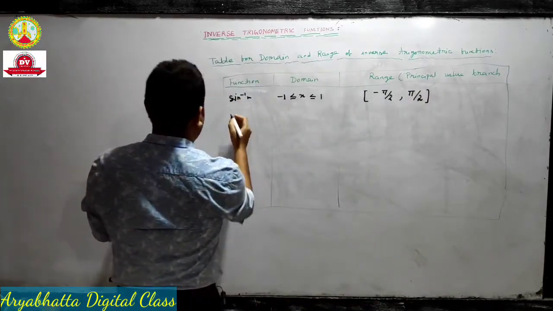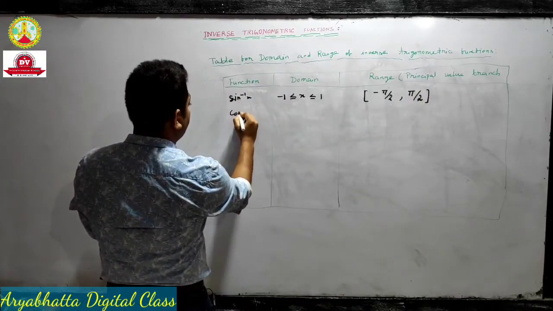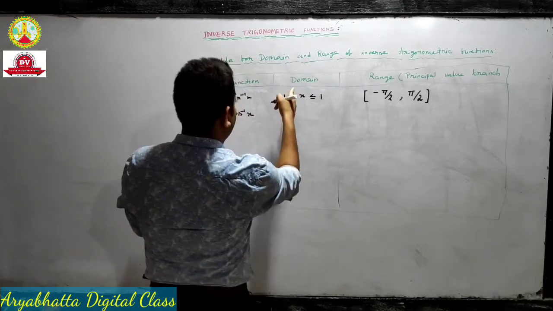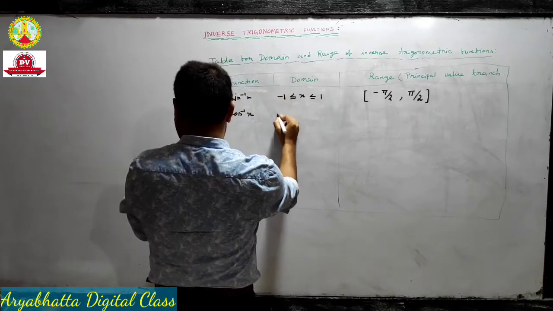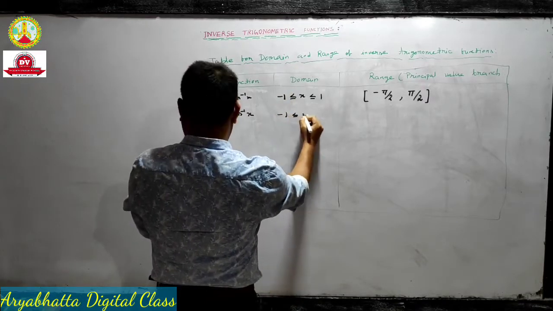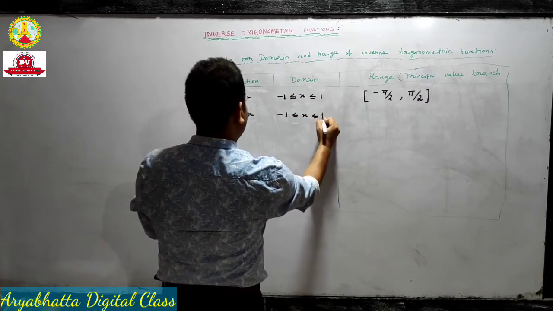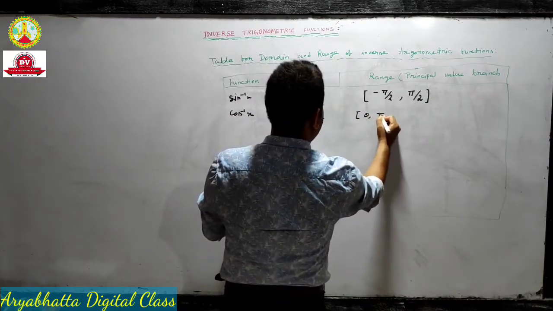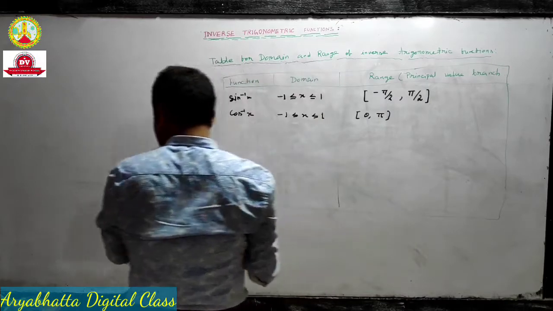Next, cos inverse x: domain -1 less than or equal to x less than or equal to 1, and range is the closed interval 0 comma π.